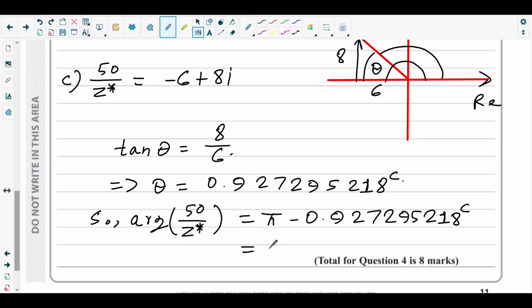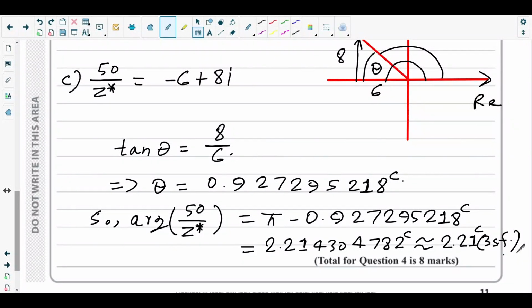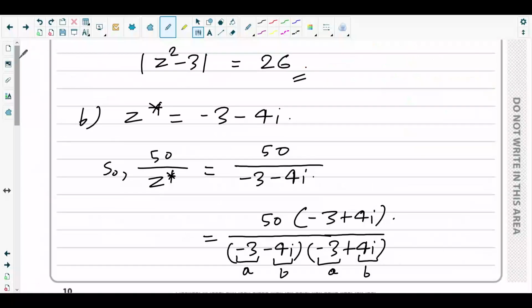So you will get 2.2143 radian. We have to write it to three significant figures, which is 2.21 radian. That's the argument of 50 over z star, which part C has asked us to find.